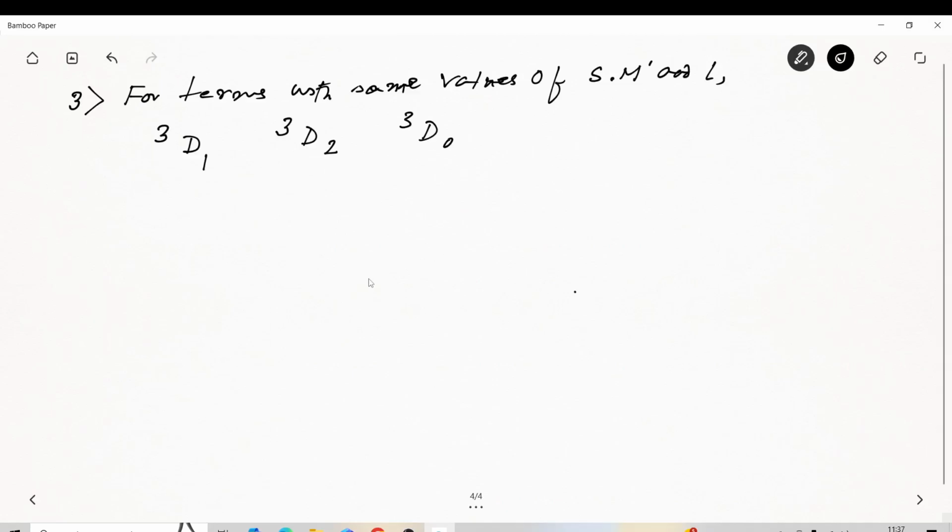See, the spin multiplicity in all these cases is 3, and the capital L value is 2, since D is capital D.